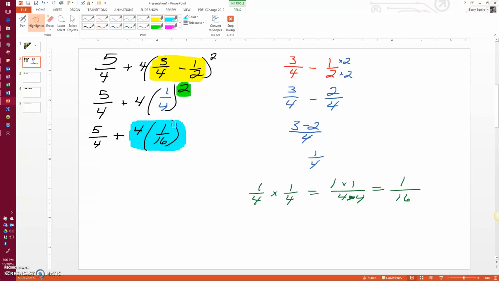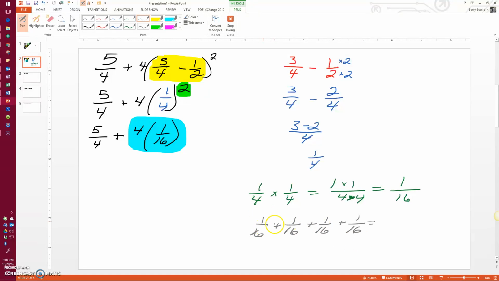Now, some of us may have a hard time remembering how to multiply a whole number by a fraction. Well, if you think about it, multiplication is the same thing as repeated addition, adding the same thing over and over. So we could take four 1/16s and add them together: 1/16 plus 1/16 plus 1/16 plus 1/16. They all have the same unit of measure because they're all 16ths.